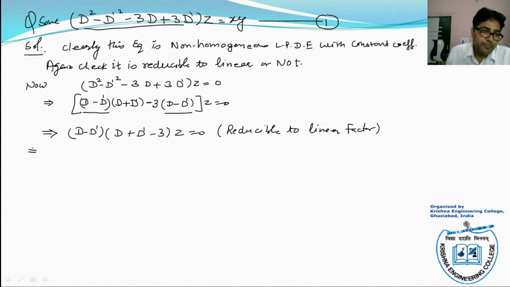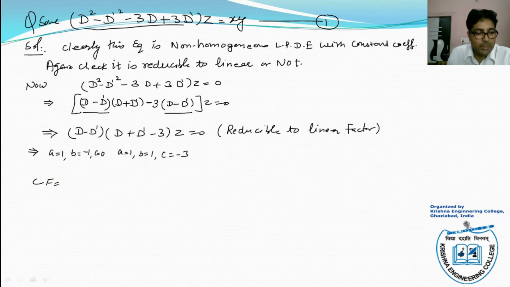Now for the first factor, a is 1, a is the coefficient of D, and b is the coefficient of D', which is minus 1, and c is the constant term in this equation. Constant term is not here. Again in the second factor, a is 1, b is 1, and c is minus 3.